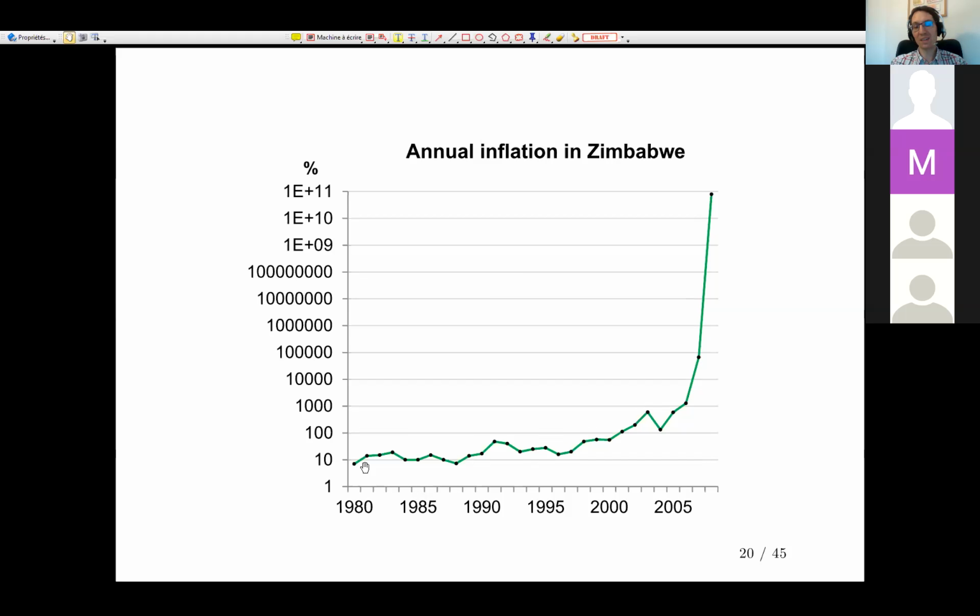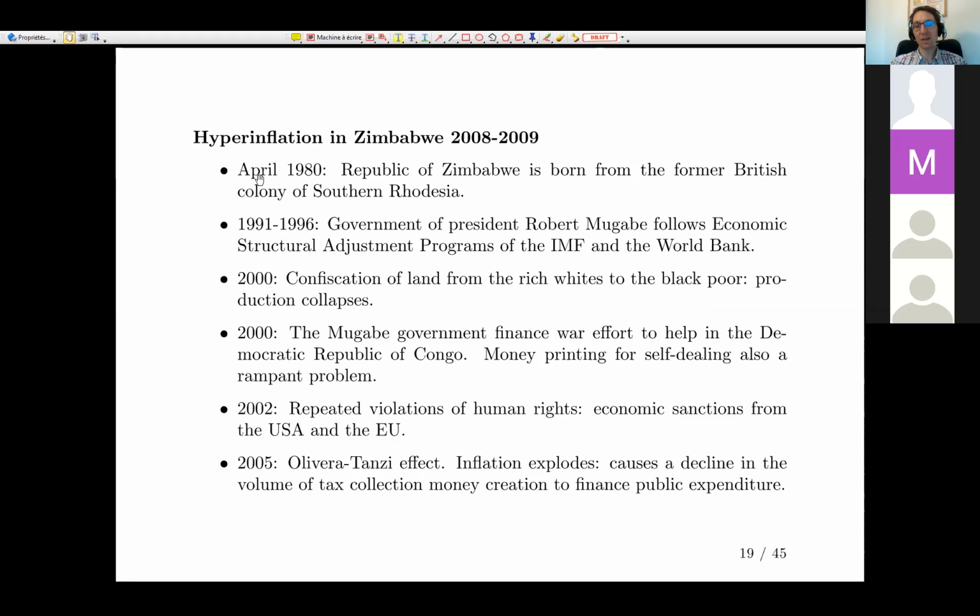So you see 10% isn't all that bad, but then it started to increase quite rapidly around 2000, 2005. So that's what we see, inflation kicking in. All these things happening over time degraded the economic situation. But still, there was no extremely high inflation.